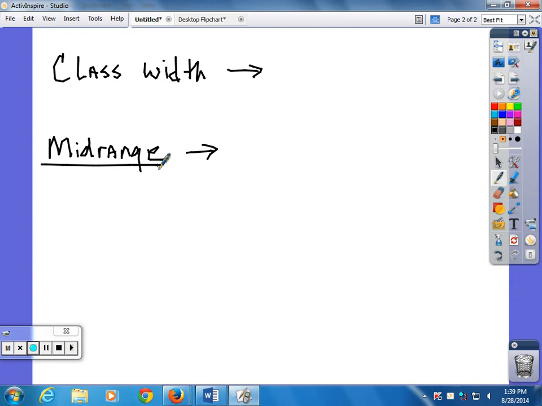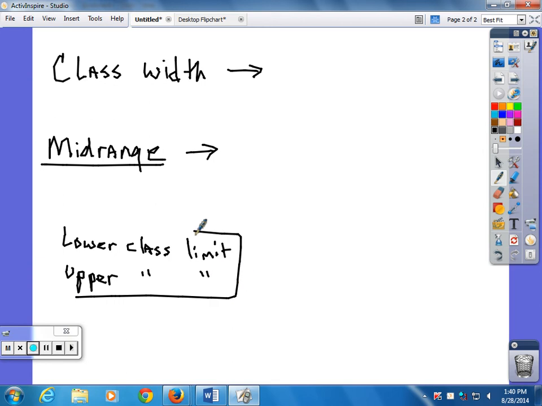They're not really important. One is called the lower class limit, and the upper class limit. I'm not even going to write a definition for it, because once you see it, you're going to know what it is. And then the other is called the class boundaries.